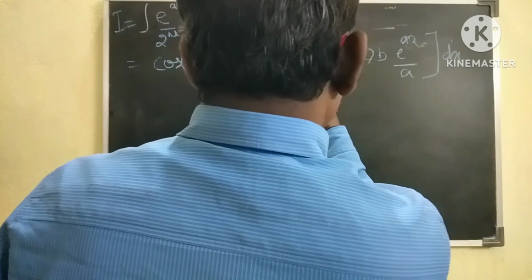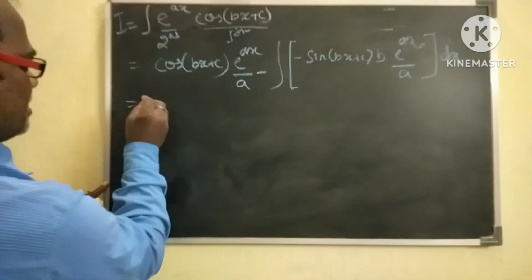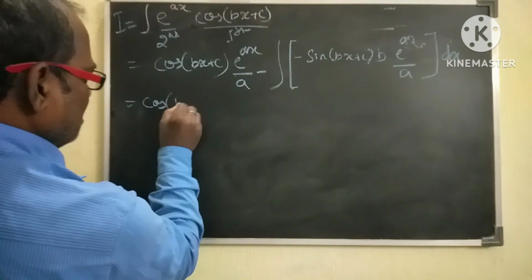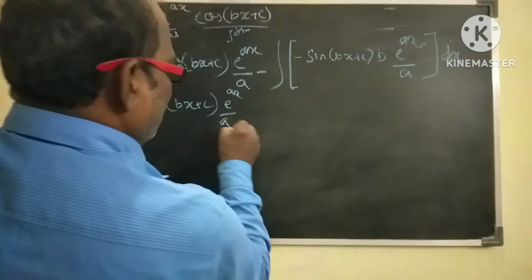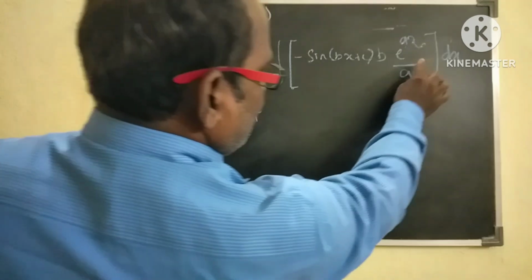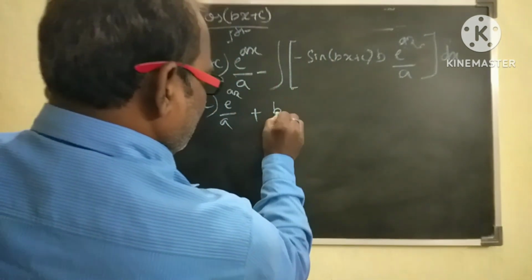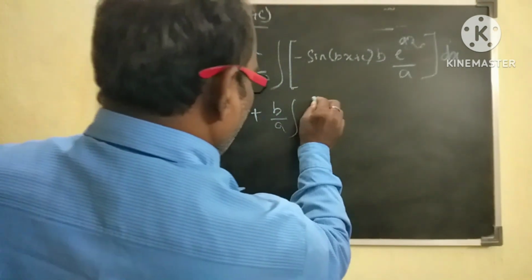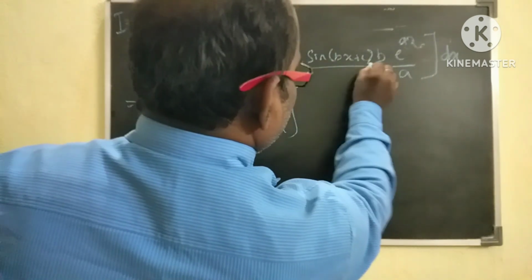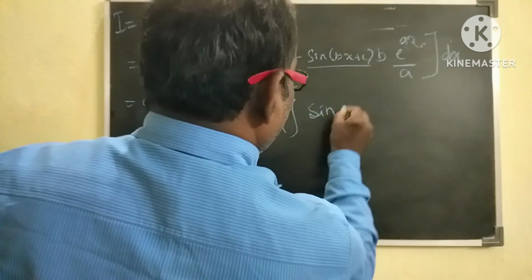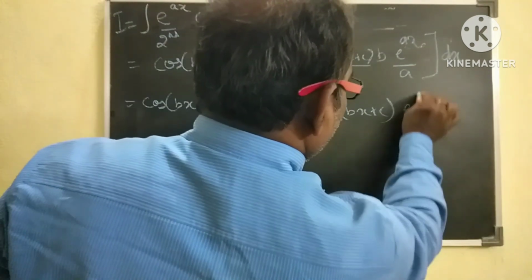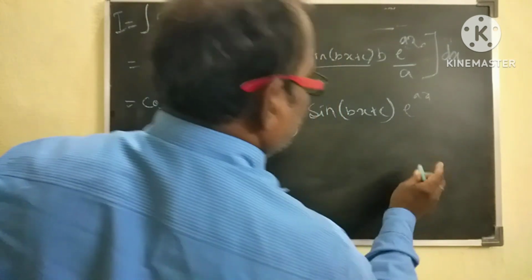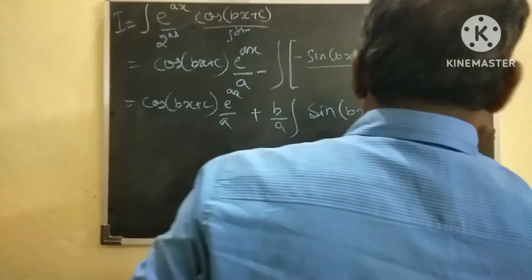Now from this we can take b/a outside. Finally what we get is cos(bx + c) e^(ax)/a, minus minus gets plus, bring down b/a outside, the integral of sin(bx + c) into e^(ax) dx.